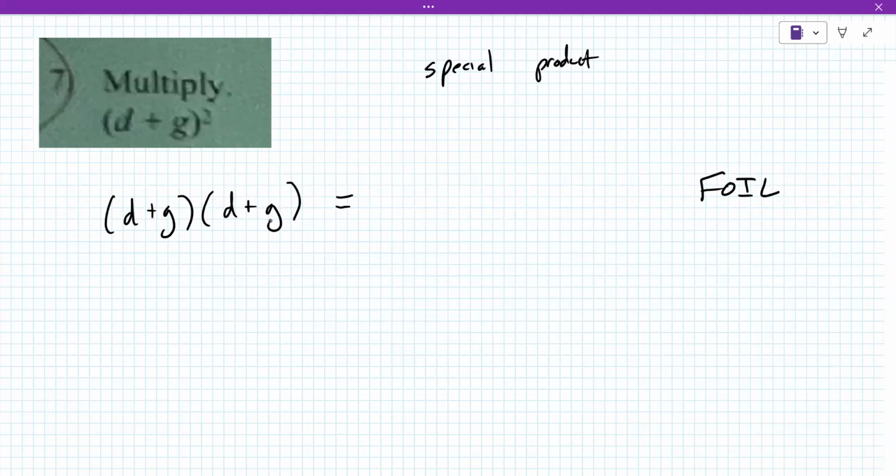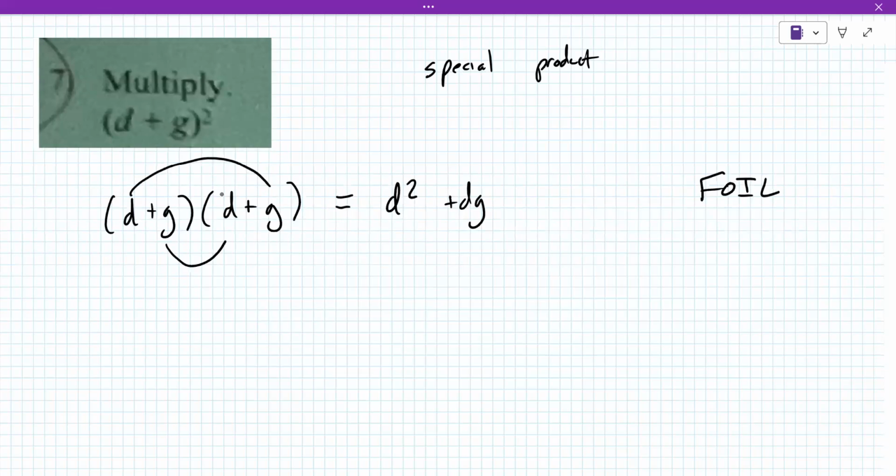When you take d and multiply it by d, what does that become? D squared. Okay. All right. And letter D does not have a d squared, but that's okay. How about d times g? It's just dg.